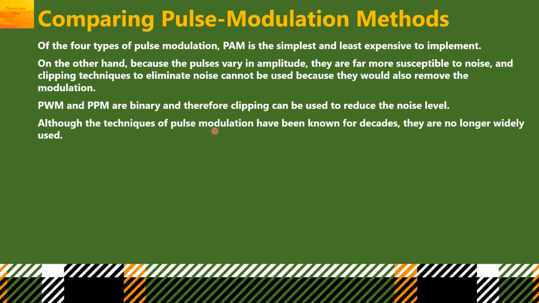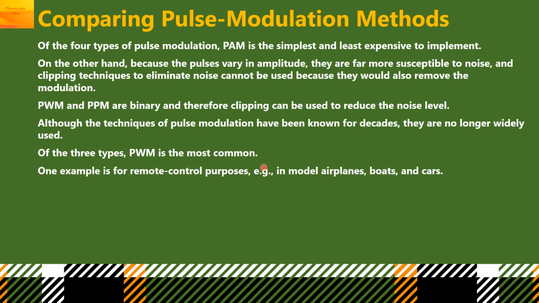Although the techniques of pulse modulation have been known for decades, they are no longer widely used. Of the three types, PWM is the most common one. Examples are remote control purposes, for example in model airplanes, boats and cars.